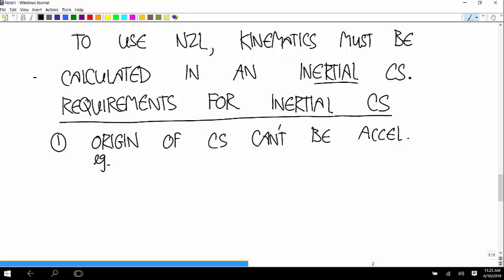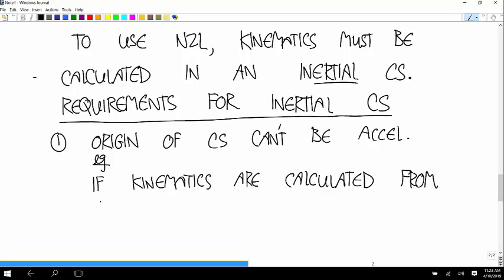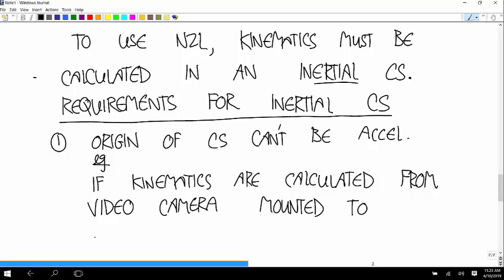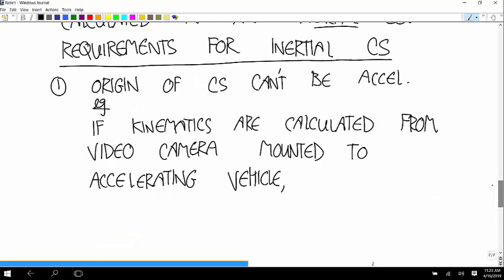So, for example, if your kinematics are calculated from a video camera, this is a little wordy, but if your kinematics are calculated from a video camera that's mounted to an accelerating vehicle, then those can't be used in Newton's second law.